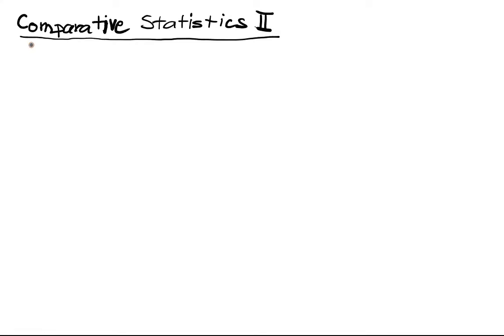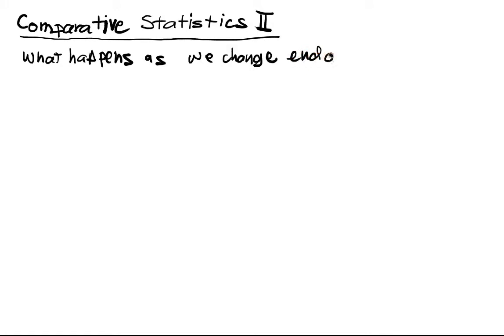So that was a really long video, the last one, but we had to do it to derive this thing properly. And now we want to examine what happens to this equilibrium as we change endowment E2 and keep E1 fixed.